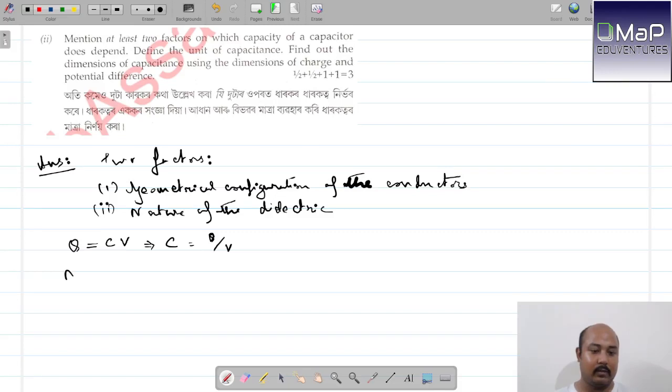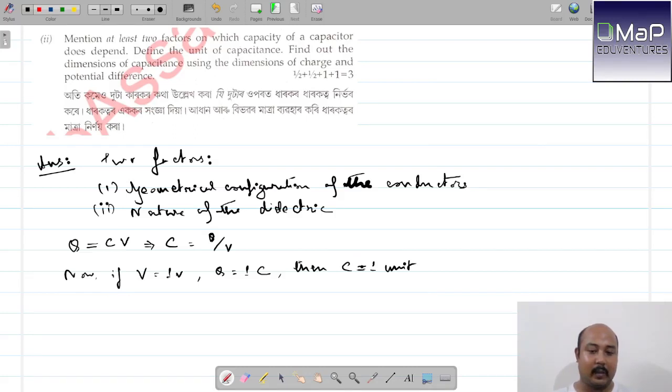Now, if V is equal to 1 volt in SI units, and Q is equal to 1 coulomb, then we have C equal to 1 unit.